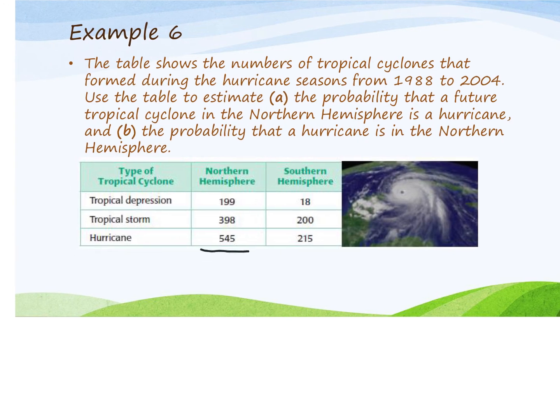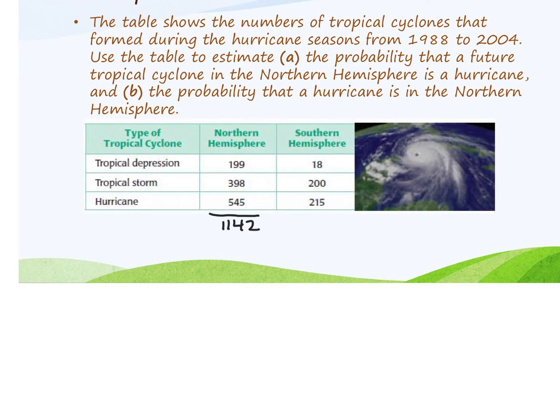So I'm going to add 199 plus 398 plus 545, and that gives me 1142. This is going to give me everything that happened in the northern hemisphere: the tropical depressions, tropical storms, and hurricanes. So out of all those tropical cyclones, I want to know the probability that it was a hurricane in the northern hemisphere out of all the cyclones.